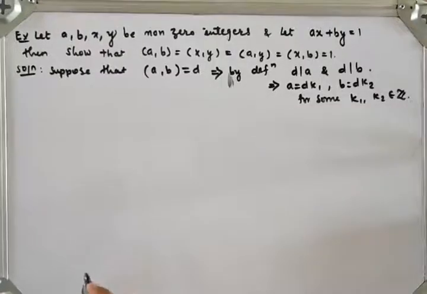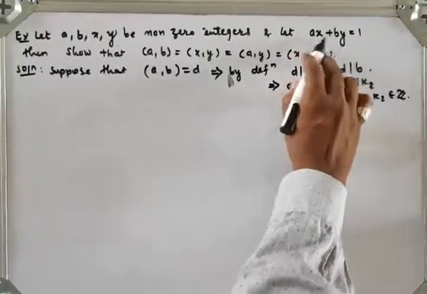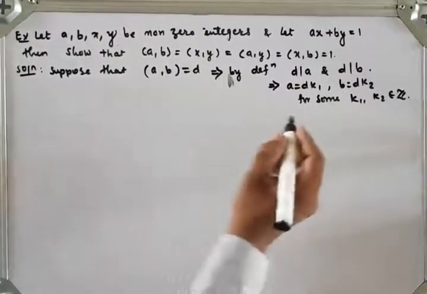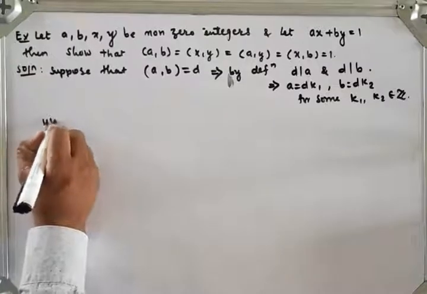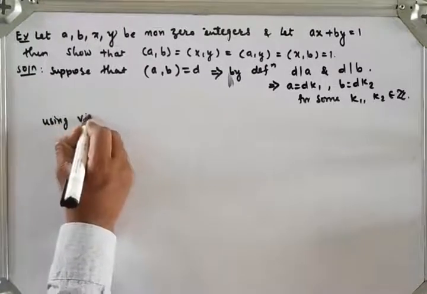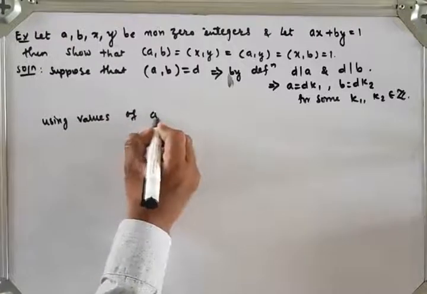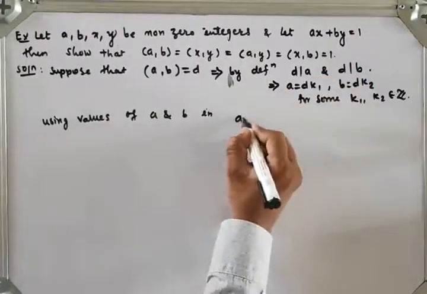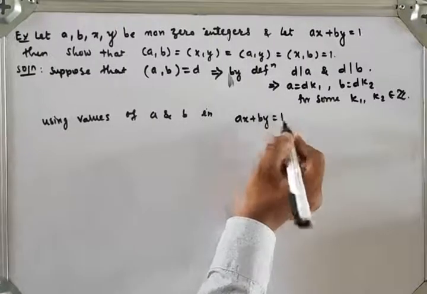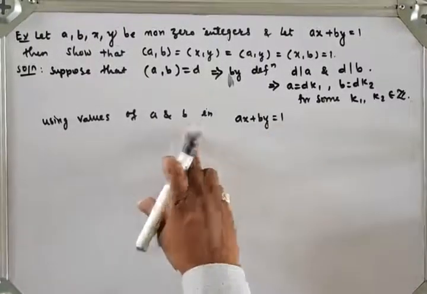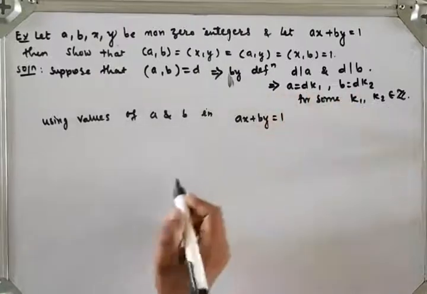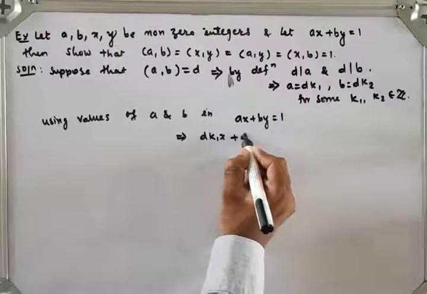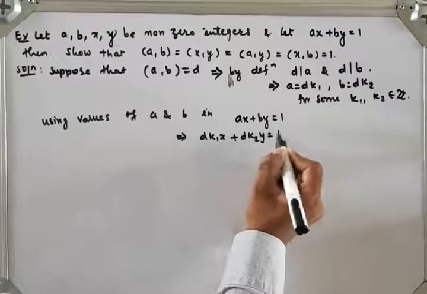So here what we have given, ax plus by is equal to 1, right? Now using the values of a and b in the equation, a has value dk1, b has value dk2, so we get dk1x plus dk2y is equal to 1.